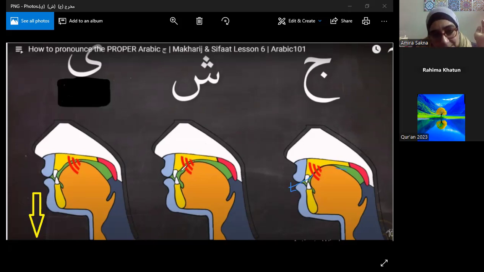The sound is running outside of the mouth also. So, loose letter, voiceless letter, mahmus, and empty mouth or light letter. So with Sheen, both sound and air are running when I pronounce this letter. With Ya, same as with Sheen, because it is the same position. The articulation point is open, so it's a loose letter.